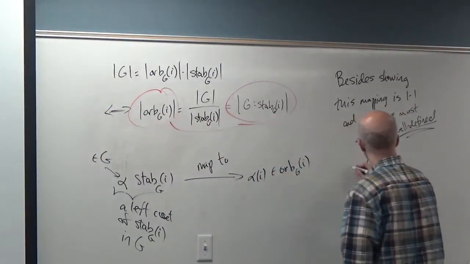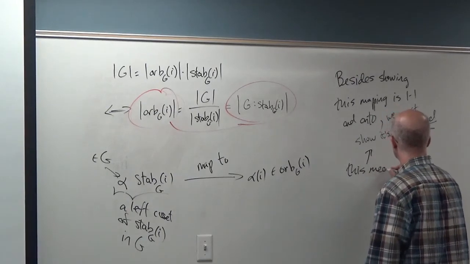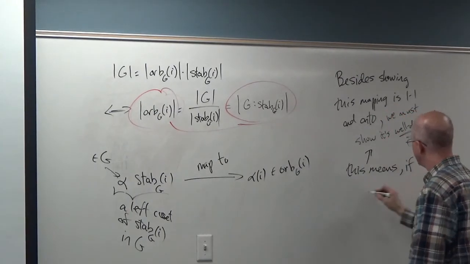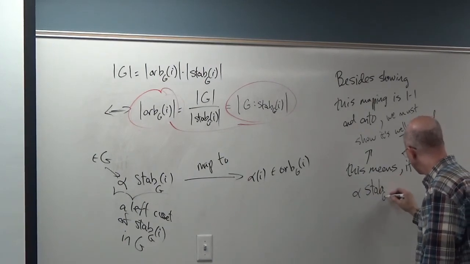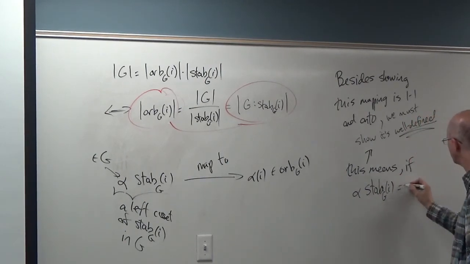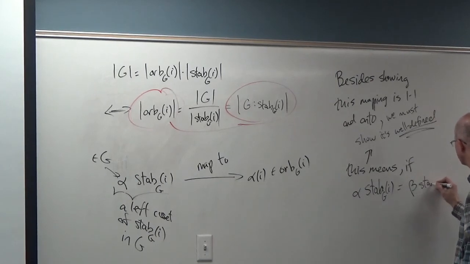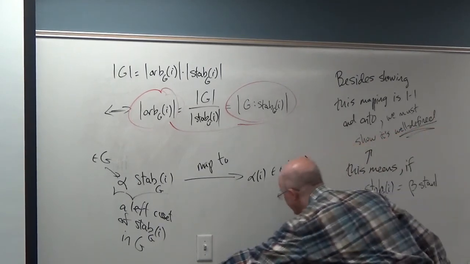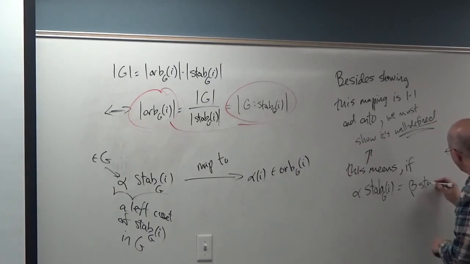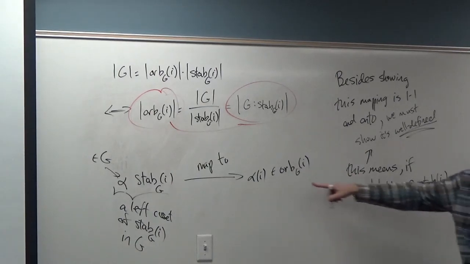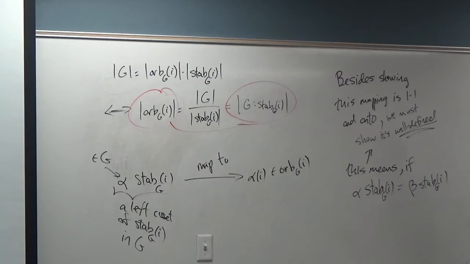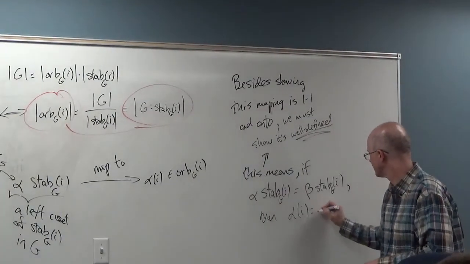This means if alpha times the stabilizer of I in G equals beta times the stabilizer of I in G, if I have two different coset representatives, they better map to the same thing. Then alpha of I equals beta of I.